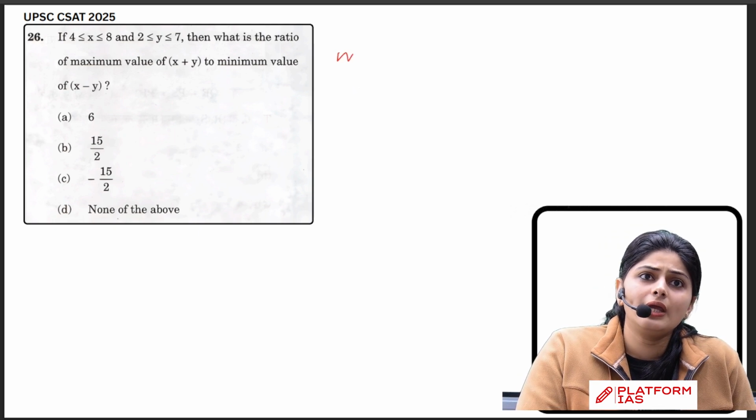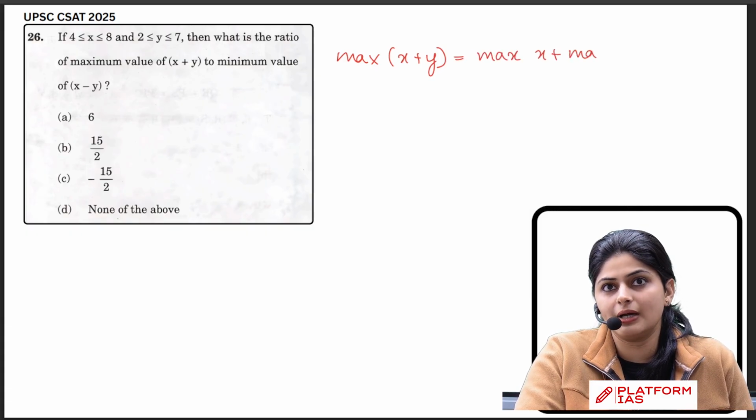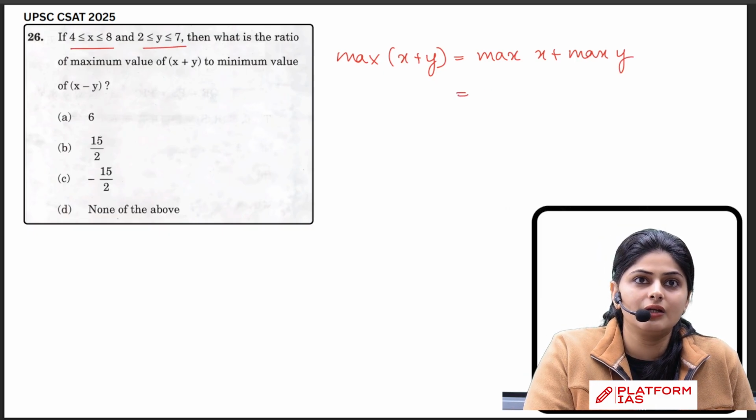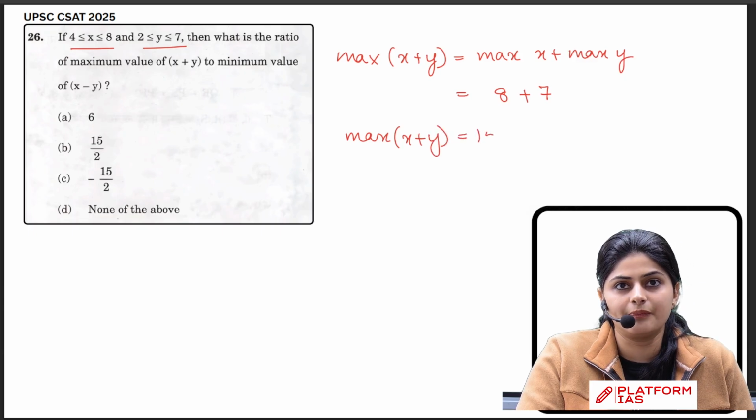Here, the maximum value of x plus y will be the maximum value of x plus the maximum value of y. Seeing the range, the maximum value of x is 8 and the maximum value of y is 7. So the maximum value of x plus y will be 15.